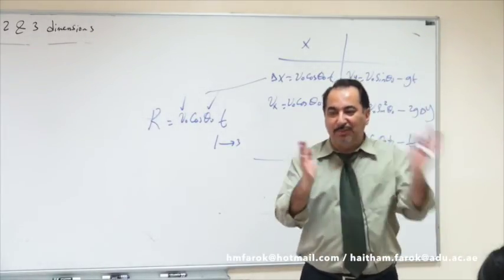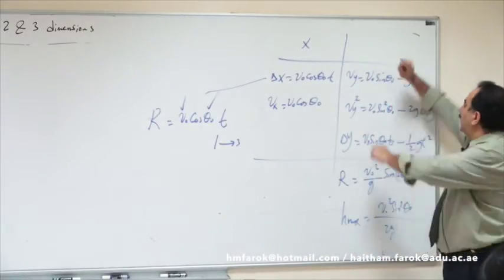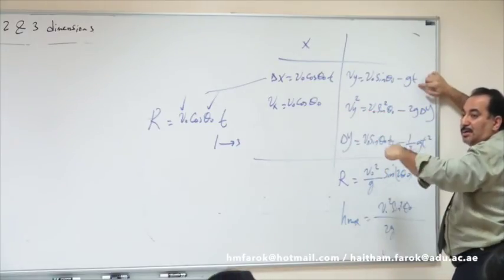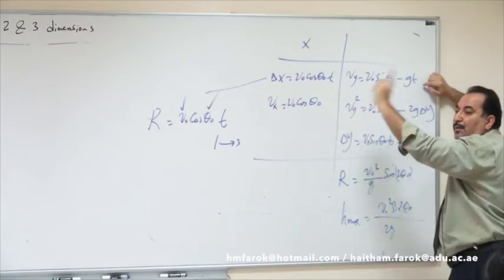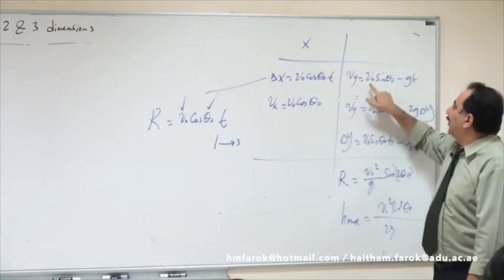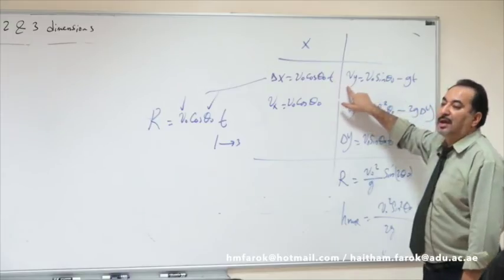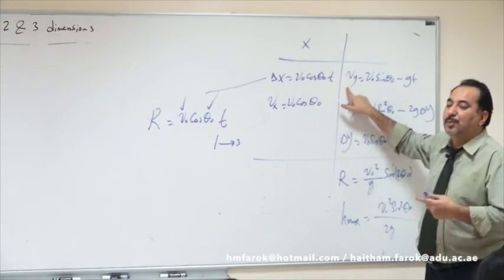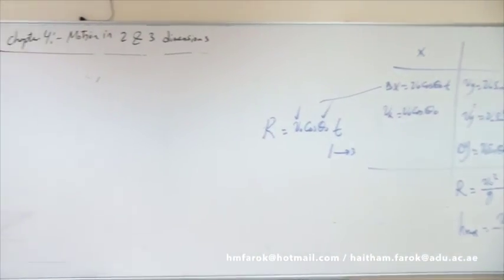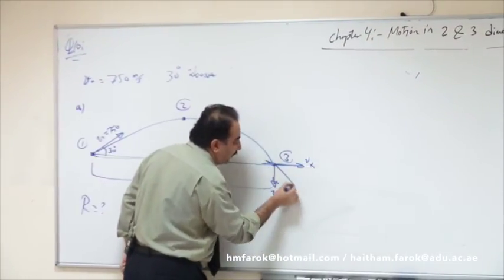You can take it from X to Y. So go to Y now. This got T, this one got T. Which T do you want? From 1 to 3. So you have to apply these equations from 1 to 3. If I want to use this one, V naught is known, theta naught, Vy here. Which Vy is this? At which point? It means this. Here. Remember here you have Vy, you have Vx and V3.